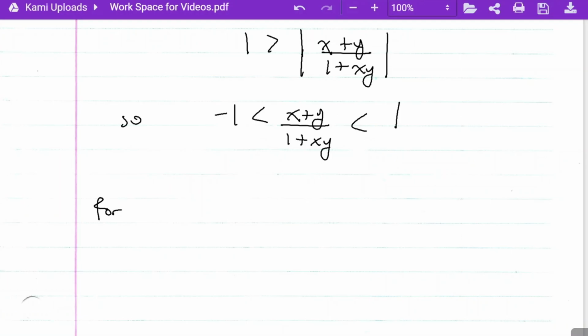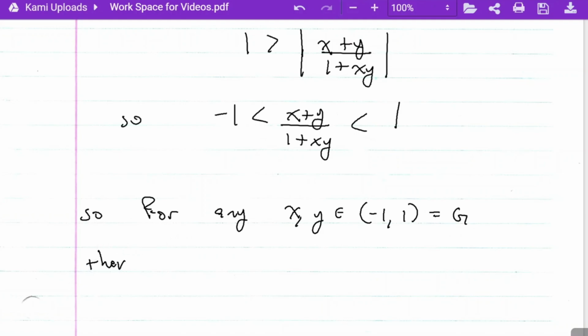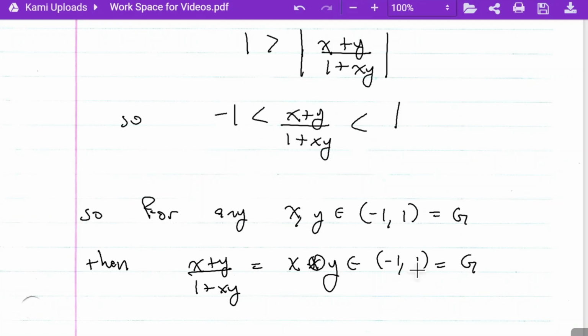This means for any x and y in (-1, 1), which is equal to G, then (x plus y)/(1 plus xy) is equal to our binary operation, x star y, which, as we just proved, is a member of (-1, 1), because if you notice that this is -1 less than our binary operation, which is less than 1, but this is equal to G. So what does this mean?